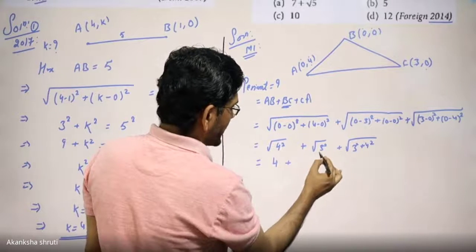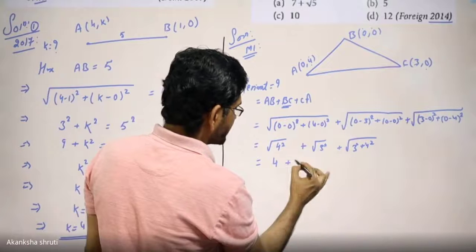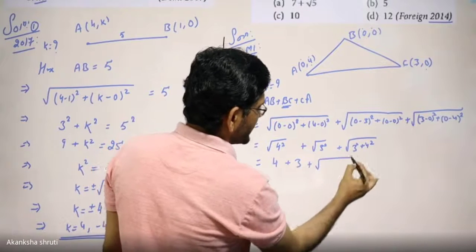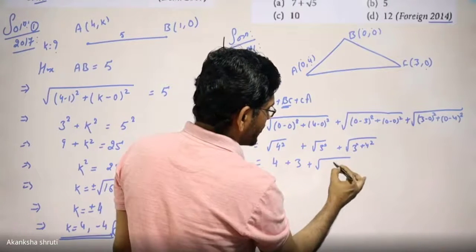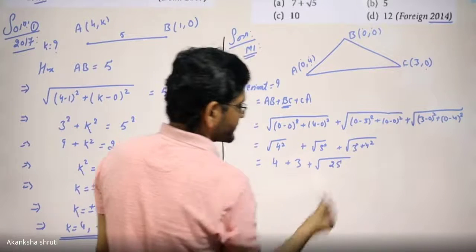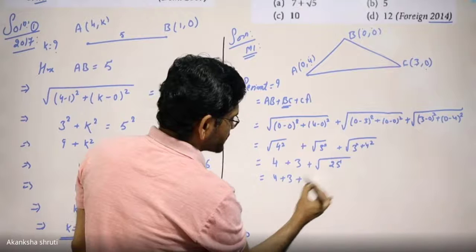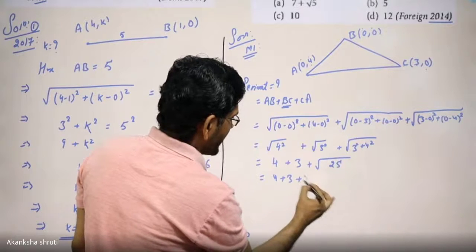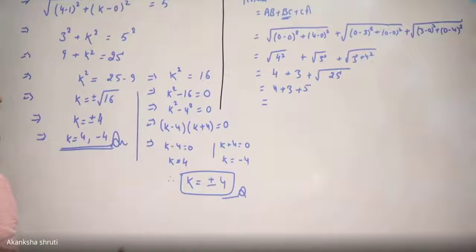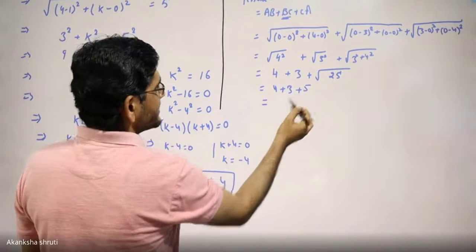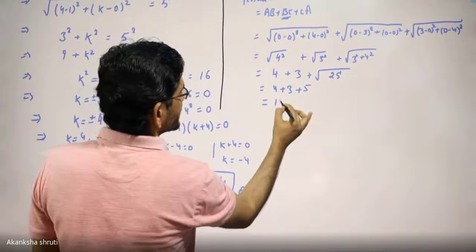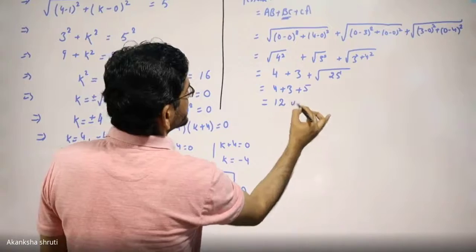Under root 3 square means under root 9, which is 3. Plus this one, 3 square is 9, plus 16, it is 25, under root 25 is 5. So it is 4 plus 3 is 7, plus 5 is 12 units.